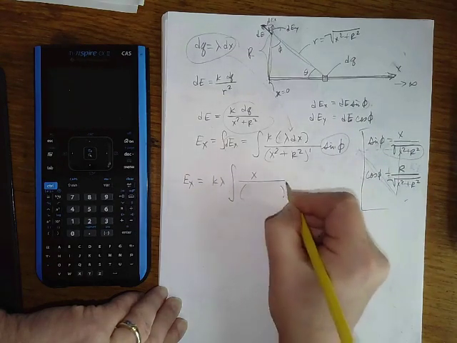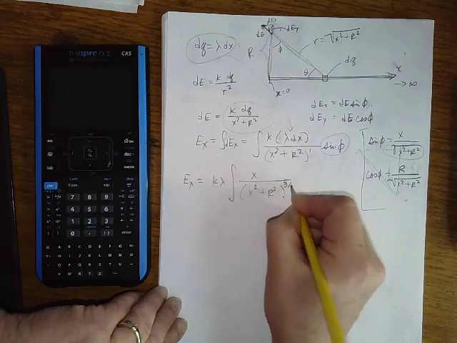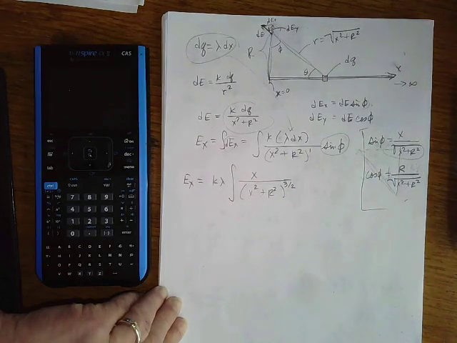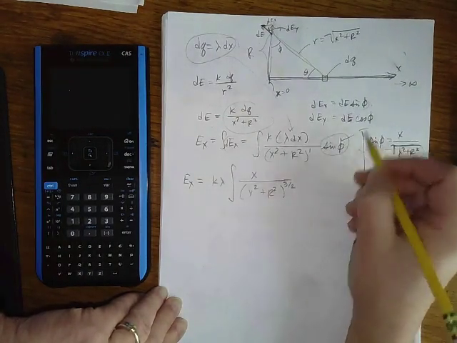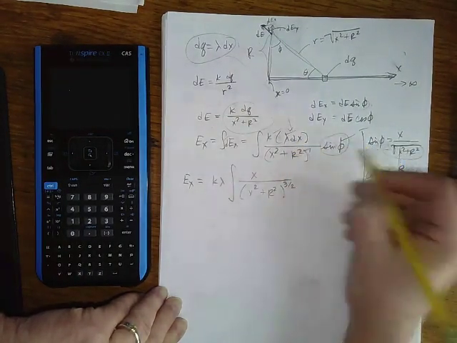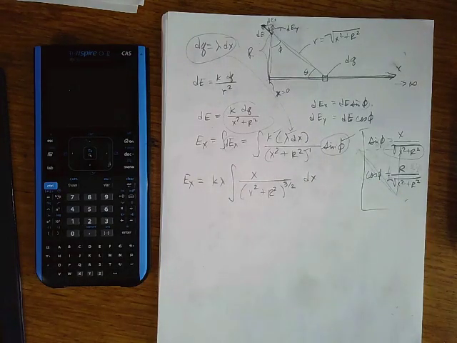So the total is going to be x squared plus r squared to the 3/2 in the bottom, I believe. So that takes care of sine phi. We've got k and x, and so all we've got left is dx. Okay, I think we got it.